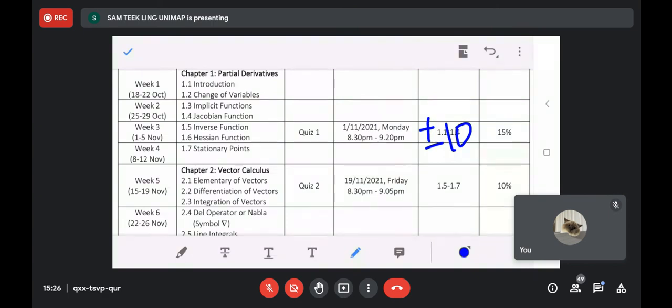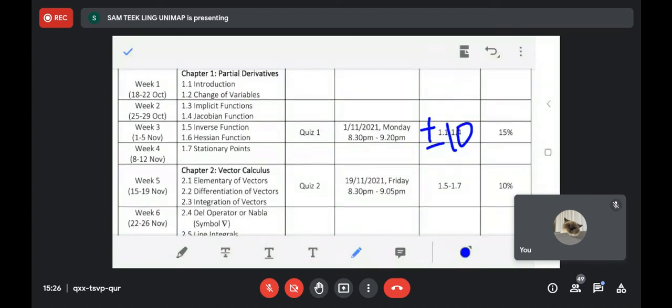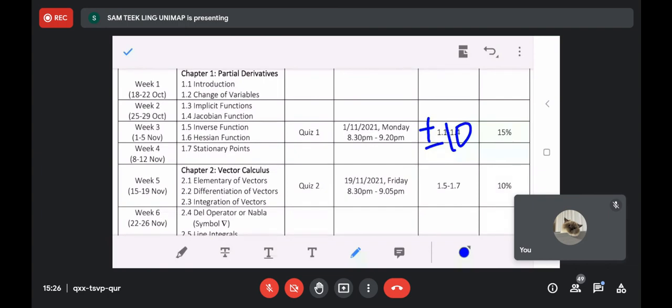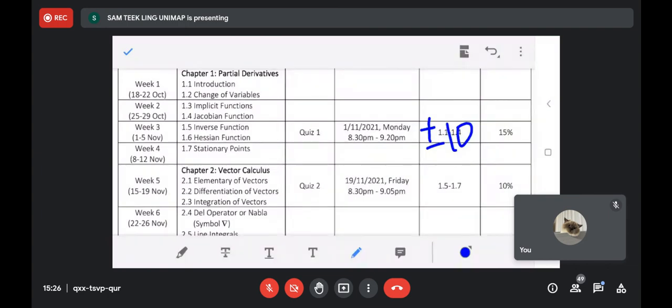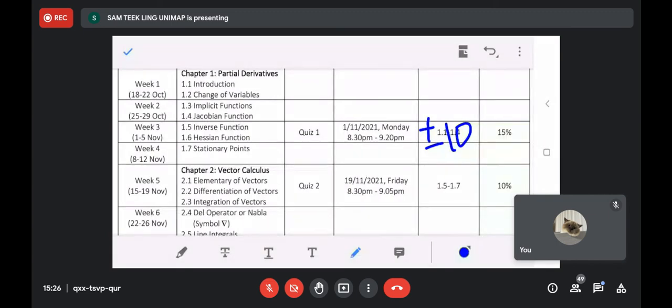So when you upload, if you have a problem during quiz 1, don't panic. If you cannot upload, you WhatsApp me and let me know your name and your matrix number. In your PDF answer, the title, write your full name or your matrix number. Then in the paper also, write your name, matrix number. Make sure your PDF, when you upload, has the title.